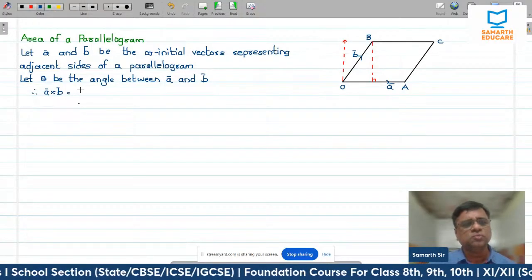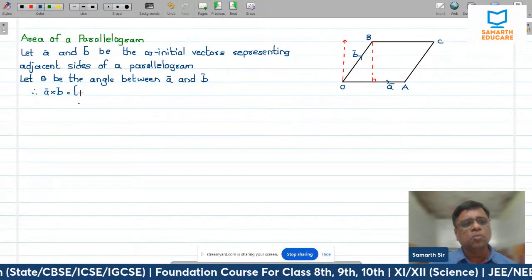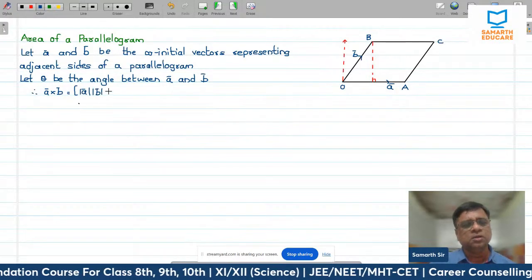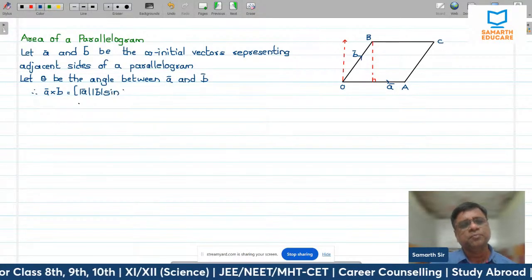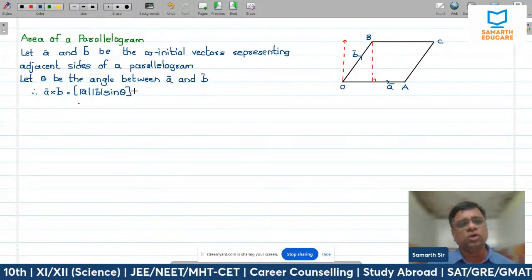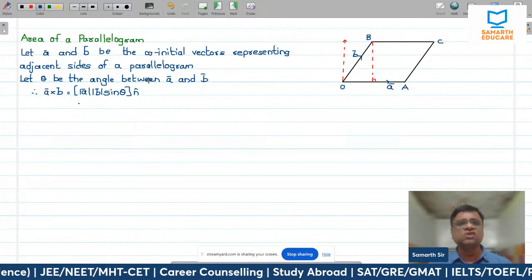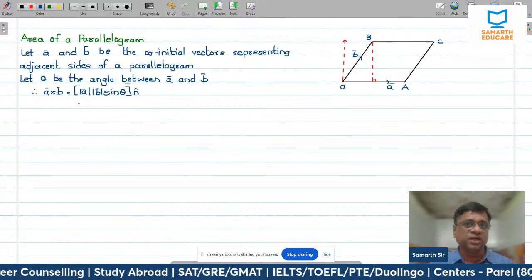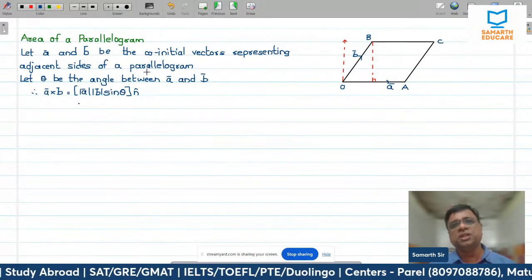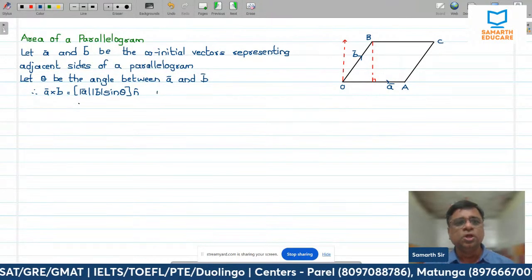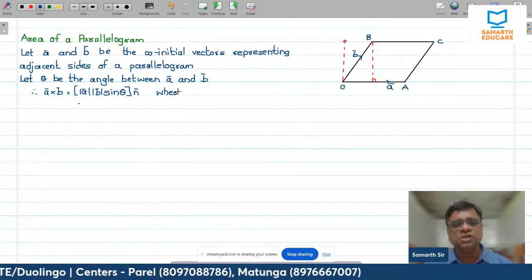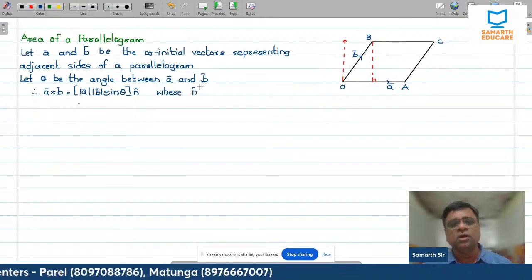A bar cross B bar is mod A bar, mod B bar, sine theta into n cap. What is n cap? N cap is a unit vector which gives the direction to A bar cross B bar, because A bar cross B bar is a vector product. Vector product means the result will be a vector, right?